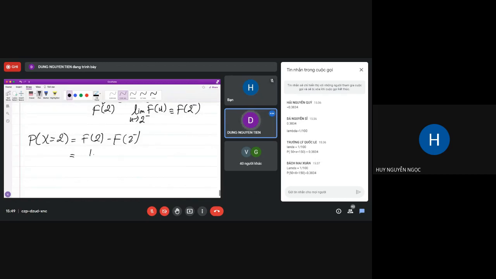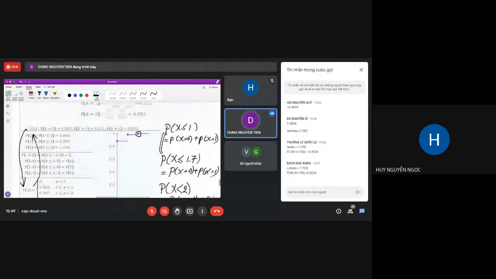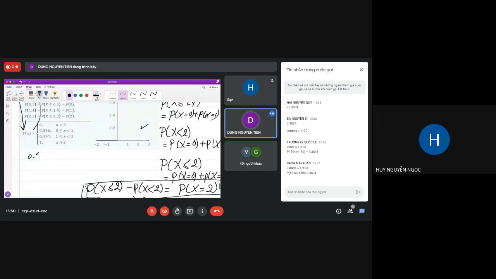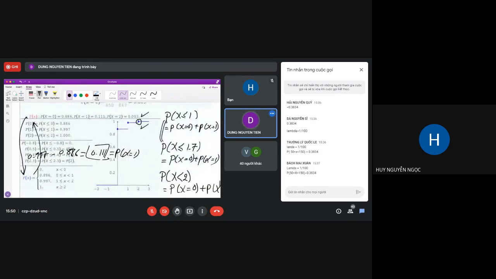Back to our problem, the first term is 1, the second term is 0.997, therefore the difference is 0.003. And I can conclude that the probability that x equals 2 should be 0.003, and this is correct. You can also have a look at the jump at the point 1. At the point 1, you get 0.997 minus 0.886, and that is 0.111. And it is simply the probability that x equals 1. That is true, right?